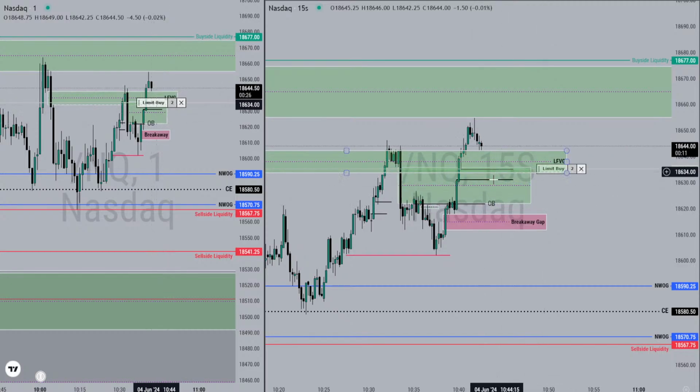Less possibility to reach until that area. Way less possibility.